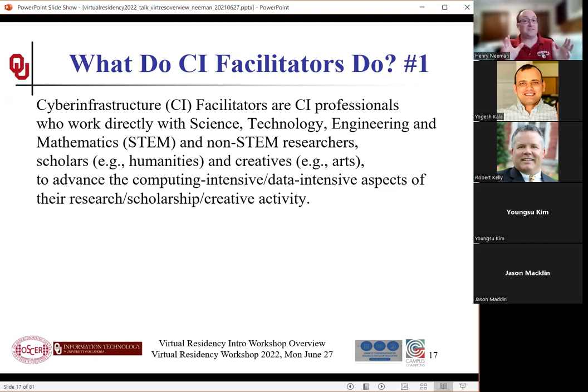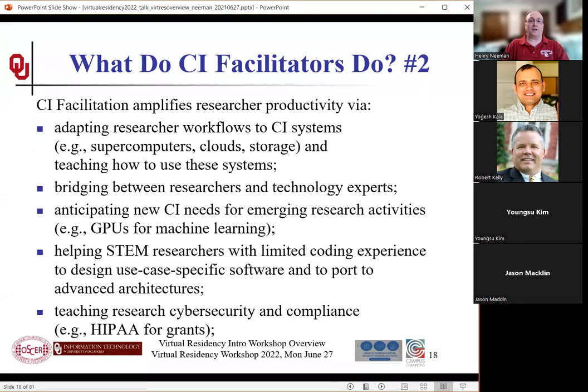A lot of it is STEM and a lot of it is research, but it's not limited to either of those. The purpose of facilitation, the role of the facilitator, is to work with that researcher, again under that broad definition, to advance the computing and data intensive aspects of their research.